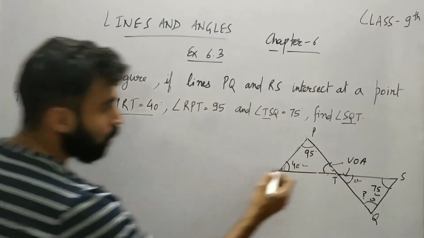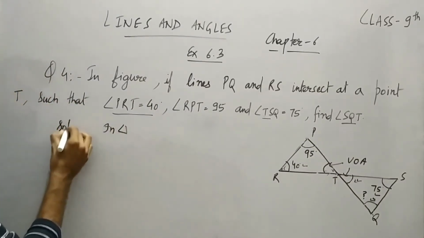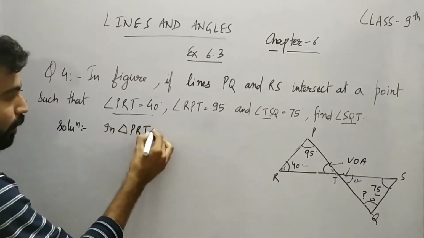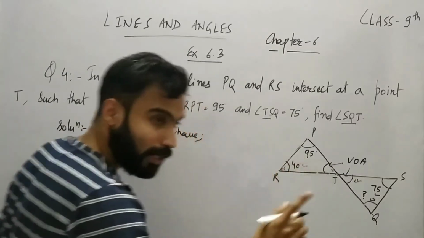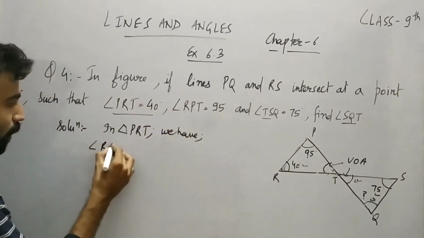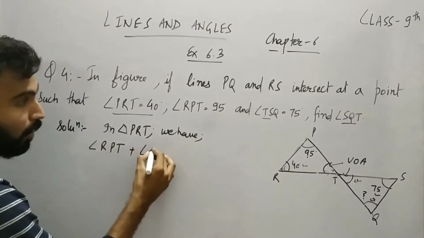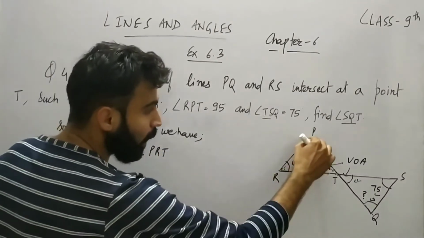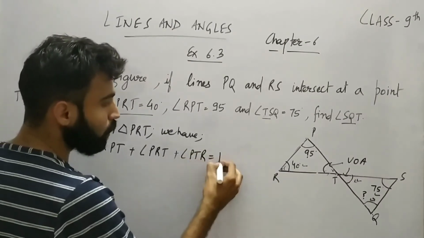First step is in this triangle PRT. Let me write the solution here. In triangle PRT, all three angles have a sum equal to 180. So angle RPT plus angle PRT plus angle PTR totals to 180.